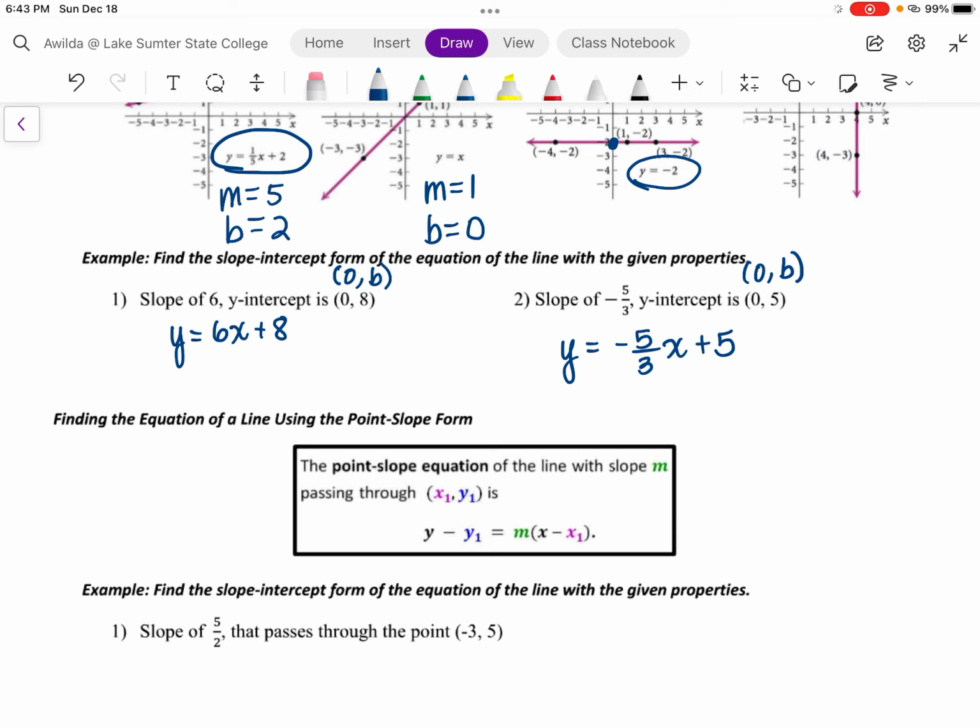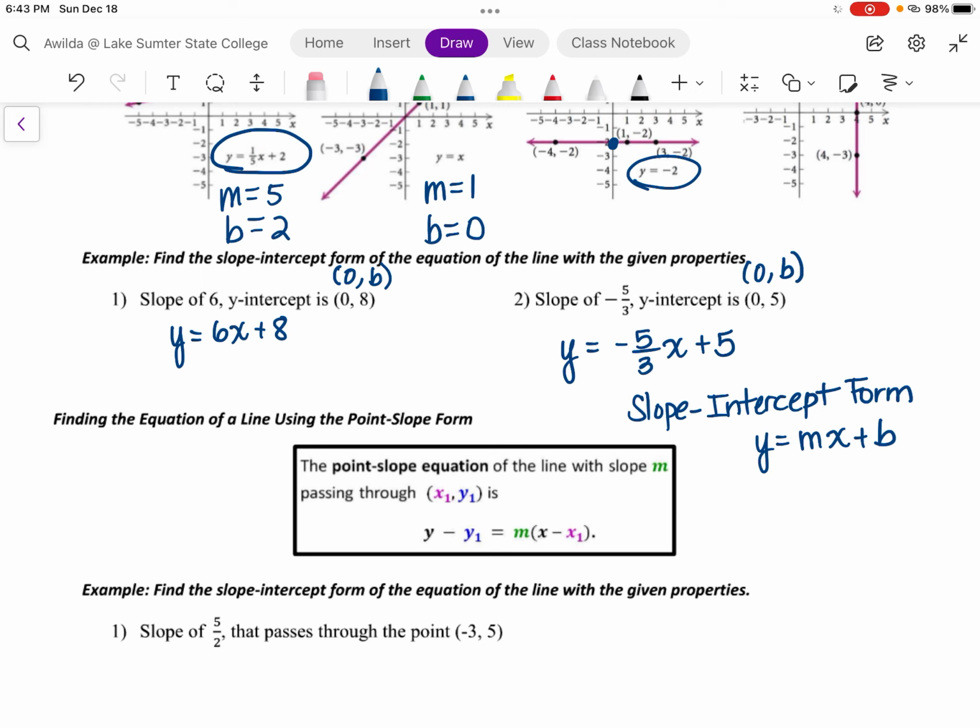This is the most common form for the equation of a line. This is called the slope-intercept form. Let's go ahead and add that to our notes here. So the slope-intercept form is y equals m times x plus b.